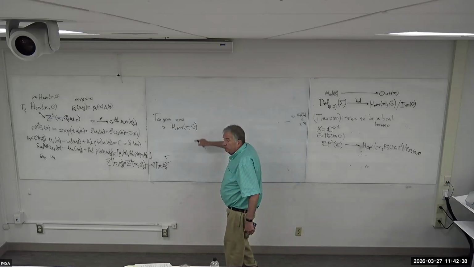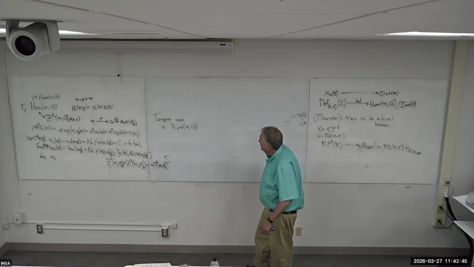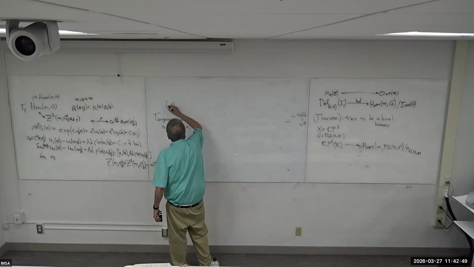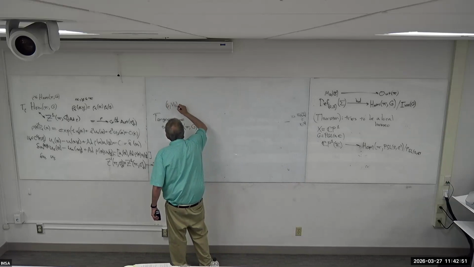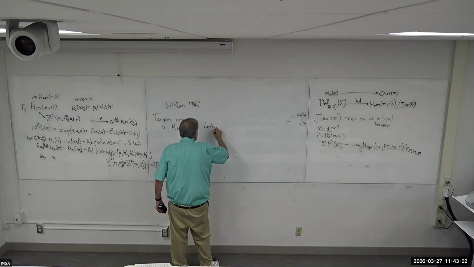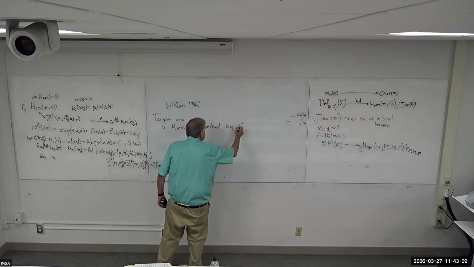By a reductive representation, what I mean is that the Zariski closure of its image is reductive. But the tangent cone, this is from the 1980s, is defined by a quadratic form.